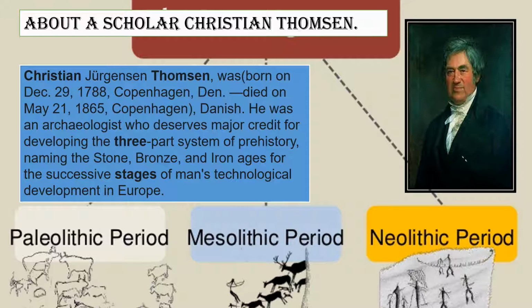He was a Danish archaeologist who deserves major credit for developing the three-part system of prehistory, naming the Stone, Bronze, and Iron Ages for the successive stages of man's technological development in Europe. You can see the image of our scholar on the screen, Christian Thompson.